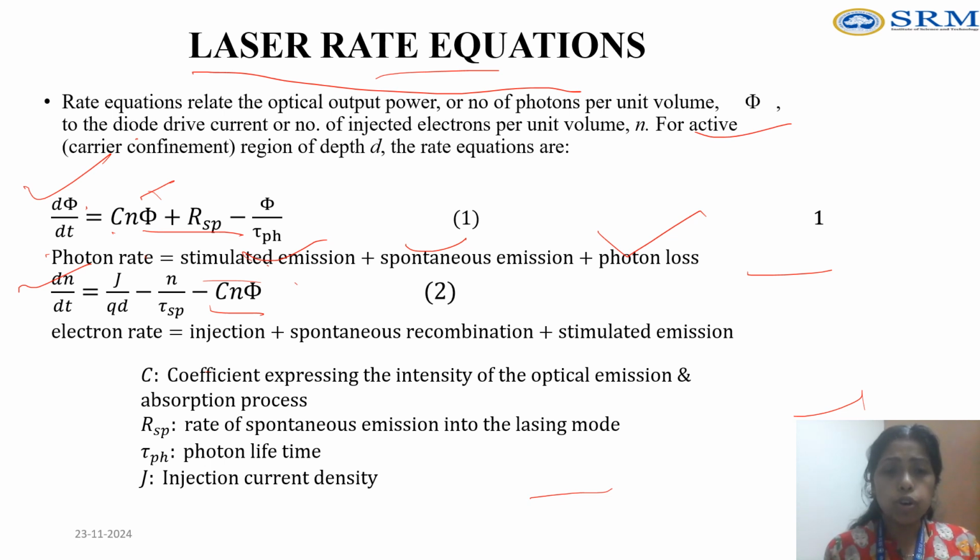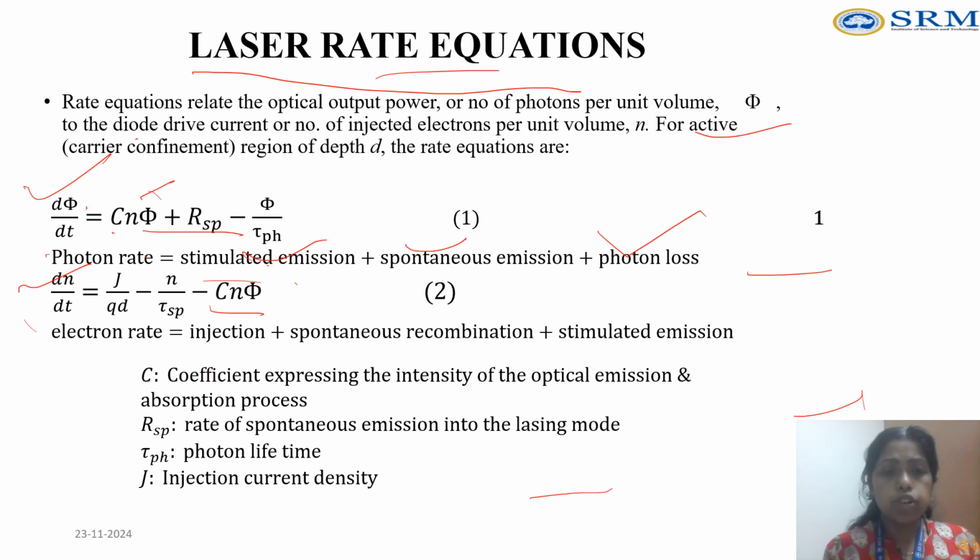And we know that N is the number of electrons injected per unit volume, so the stimulated emission is related to N, the coefficient, and the photon. Okay. The spontaneous emission rate can be defined as R_sp. And there will be a loss of photons, that's why the minus sign is there, phi by tau_ph. The tau_ph is the photon lifetime, and phi is the photon. Okay, so this is the photon rate per unit volume, d phi by dt.